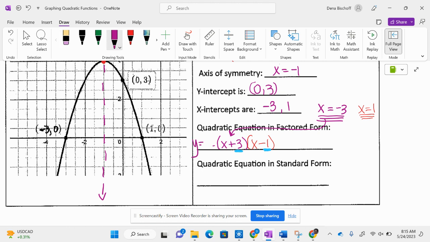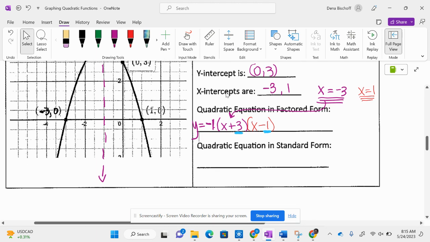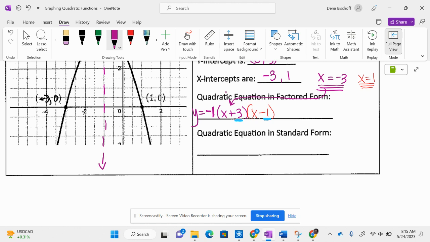No. So that means we're missing something out here. And what we're missing is a -1. That makes sense because this graph is frowning. So we have to have a negative out in front to make it frown. And now when I take 3 times -1 and get -3 times another -1, I get the +3 that I'm looking for.